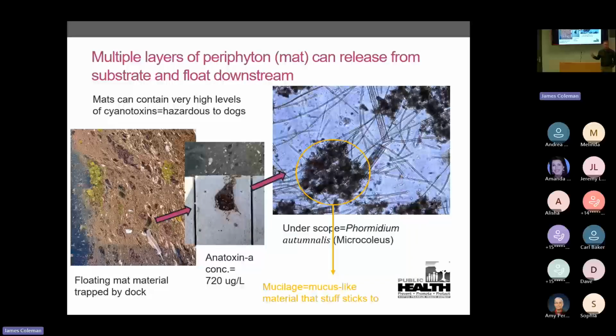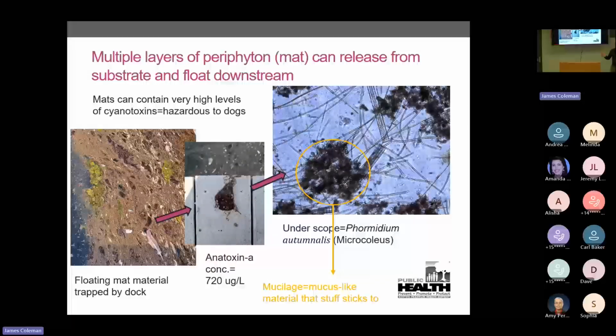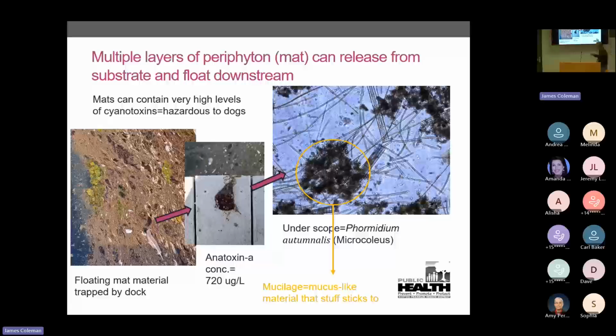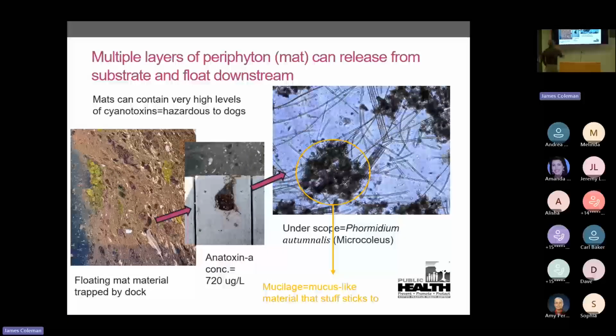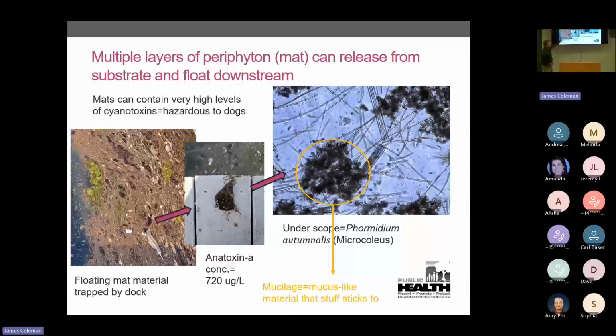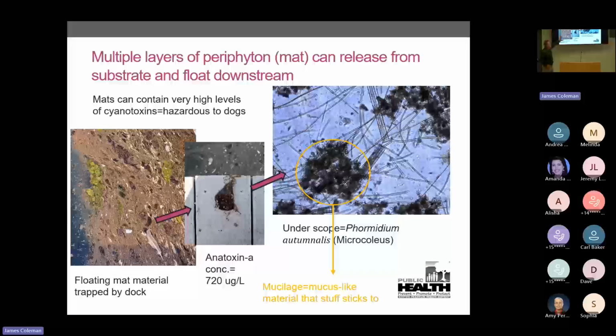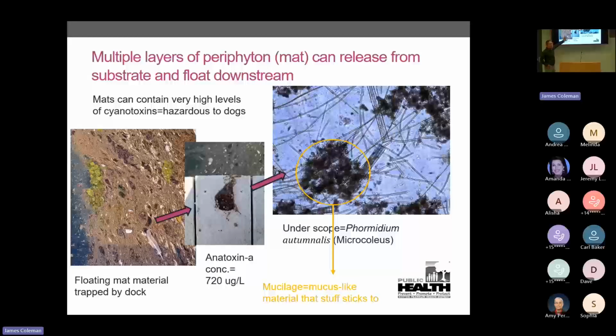I mentioned the mats before, so those mats will peel off of the rocks and they'll float downstream. This is actually a photo I took. There used to be a dock at Howard Amon Park, and a lot of this material used to collect on it. A lot of this material are algal mats. These brown pieces and green pieces, those are all parts of algal mats.